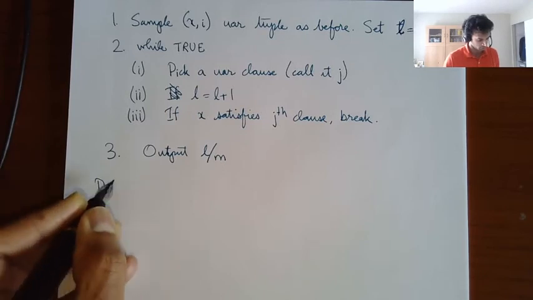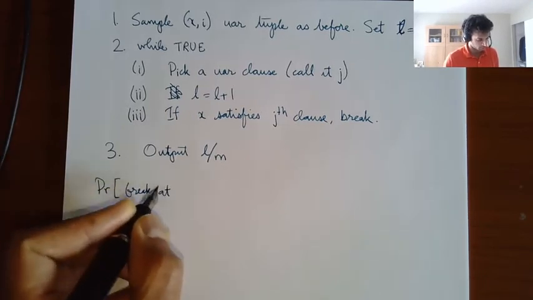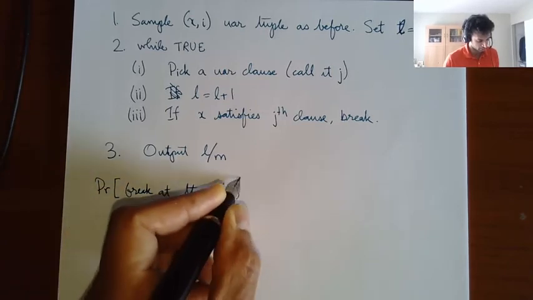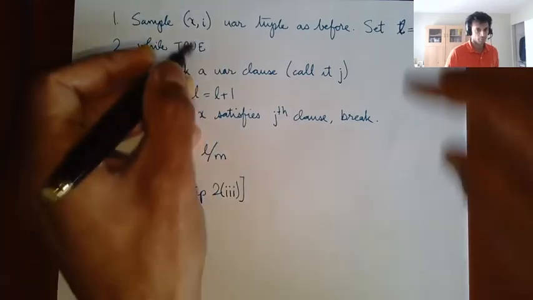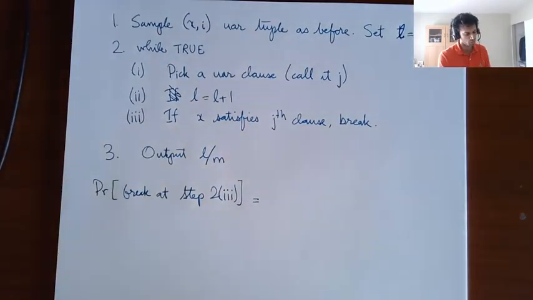Okay, so what is the probability of a break at this step? So let's fix an X. What's the probability that it breaks? Any thoughts?